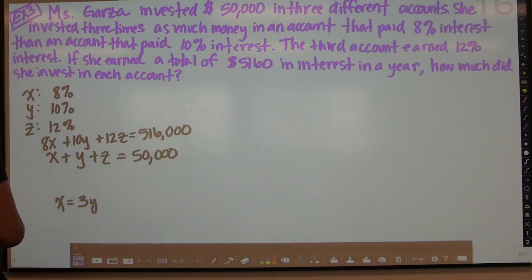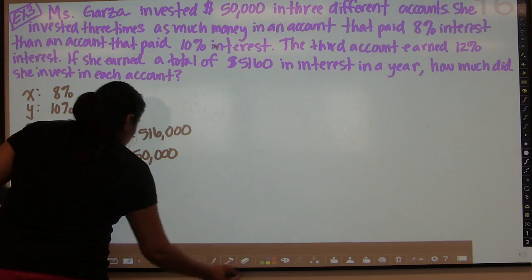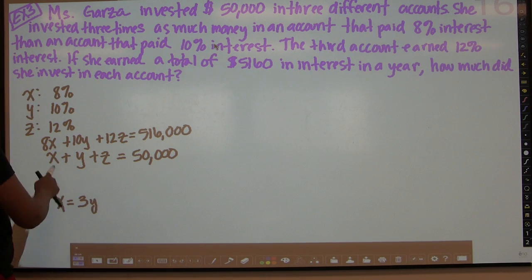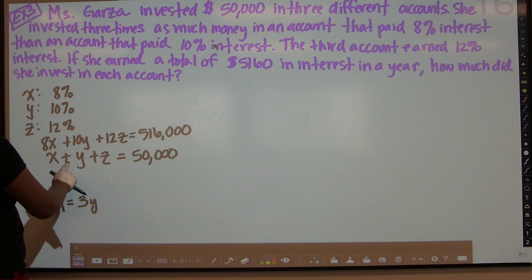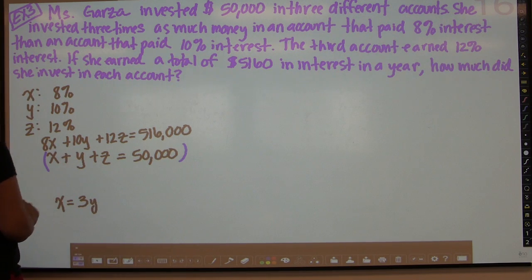And there I go. Okay, so the first thing I'm going to do is try to eliminate a variable. So I'm going to choose to eliminate x. It doesn't really matter. Any x, y, or z will work because they're all coefficient of 1. But I'm going to go ahead and just eliminate the x's by multiplying by -8.